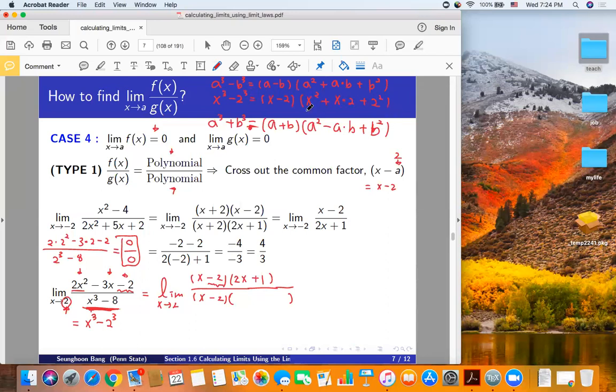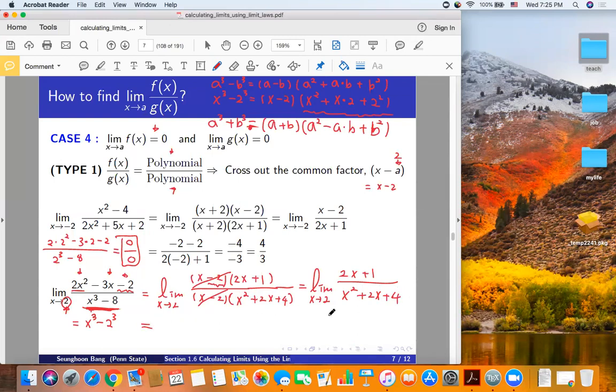So what's that? This is the other factor: x squared plus 2x plus 4. It's good. This is the idea. You cross out x minus 2, so we have the limit as x approaches 2 of (2x plus 1) over (x squared plus 2x plus 4).